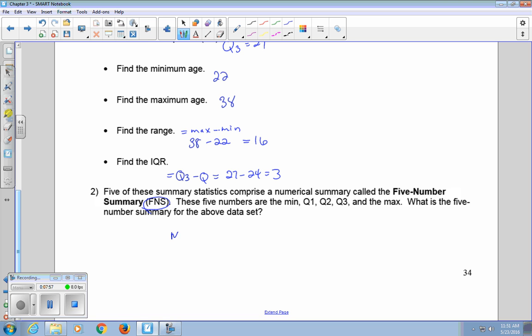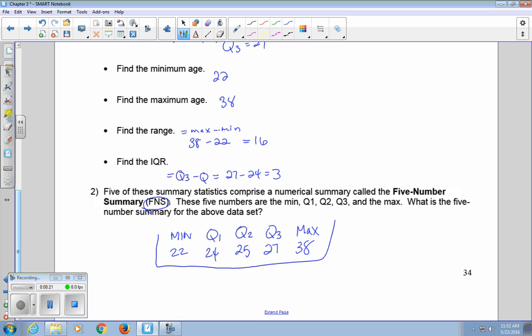So our min is 22, Q1 was 24, Q2 was 25, Q3 was 27, and our max was 38. Together, these 5 data points make up our 5-number summary.